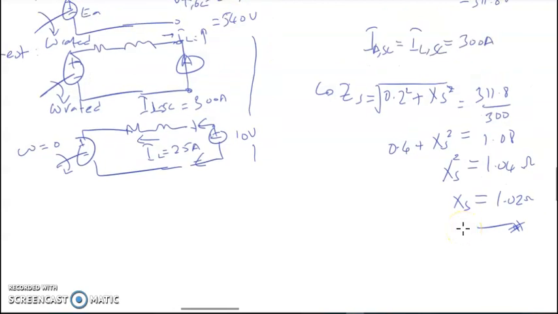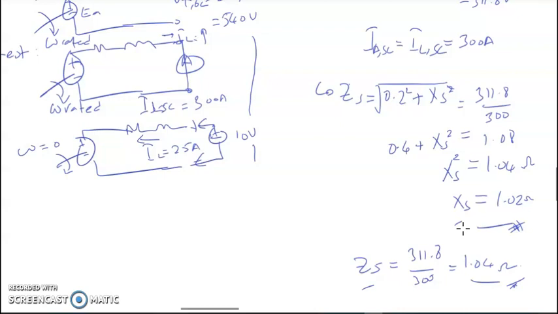And actually the synchronous impedance, the ZS we calculate, is 311.8 divided by 300. We shall get, just now, 1.04 ohm. So we have done ZS, XS, and RA. So the three elements are already calculated.